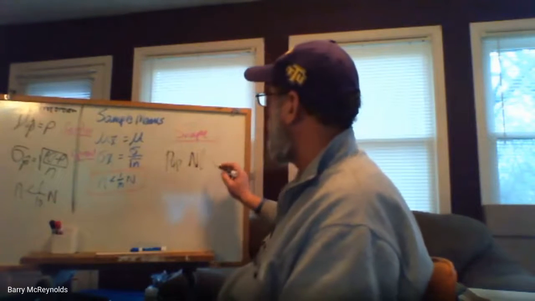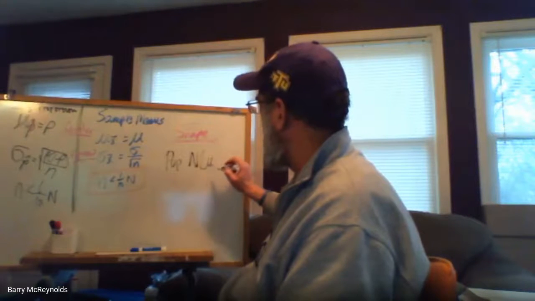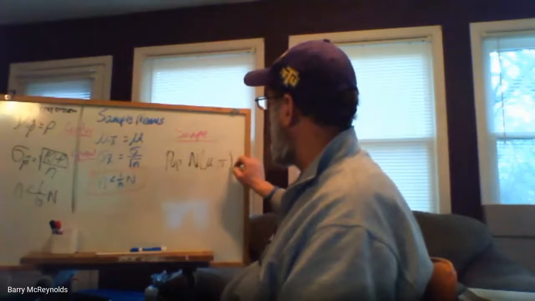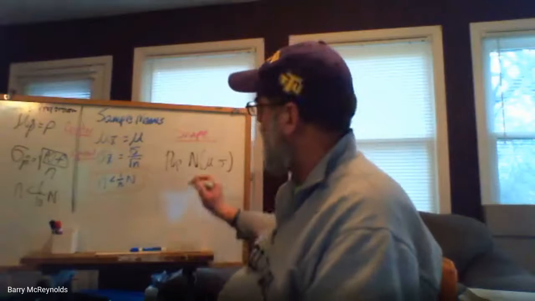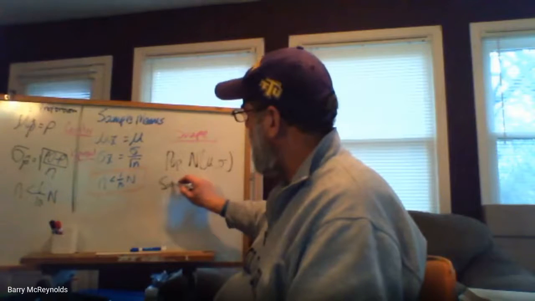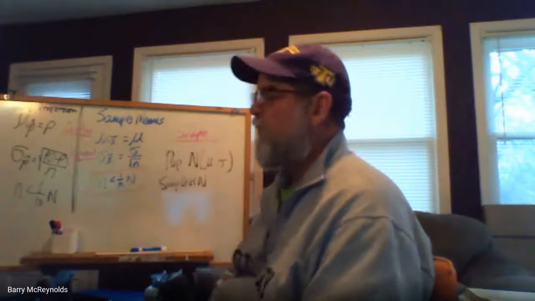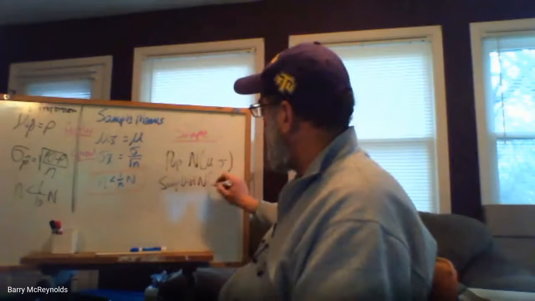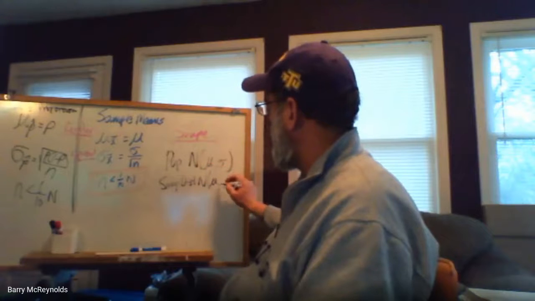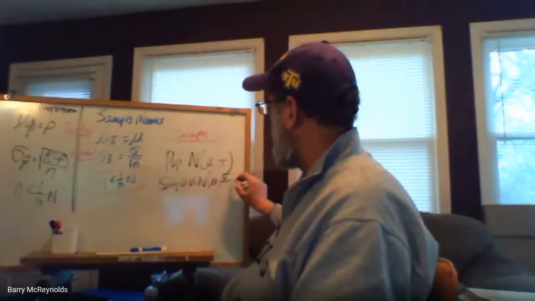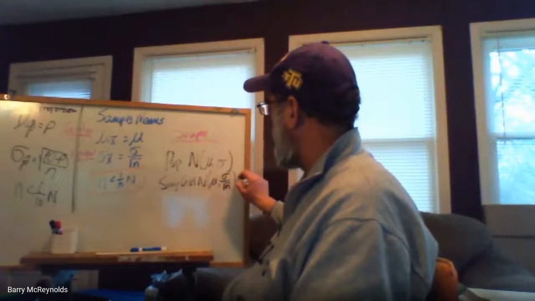If it's normally distributed with a mean of mu and a standard deviation of sigma, then the sampling distribution will be normally distributed with a mean of mu and a standard deviation of sigma over the square root of n.